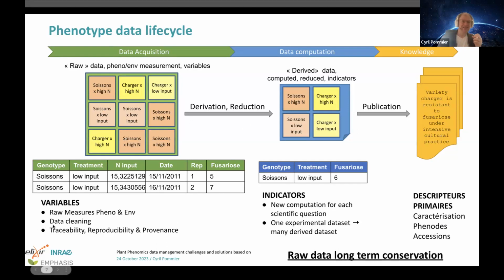As I said, it includes data cleaning. We must set up traceability, reproducibility, and provenance. By provenance, we mean not only stating the methodology of measure, but also the methodology of transformation, the sensor identification, and the device identification. As I said, for the indicators, the derived data, there is new computation for each scientific question. Therefore, one experimental data set can lead to many derived data sets.